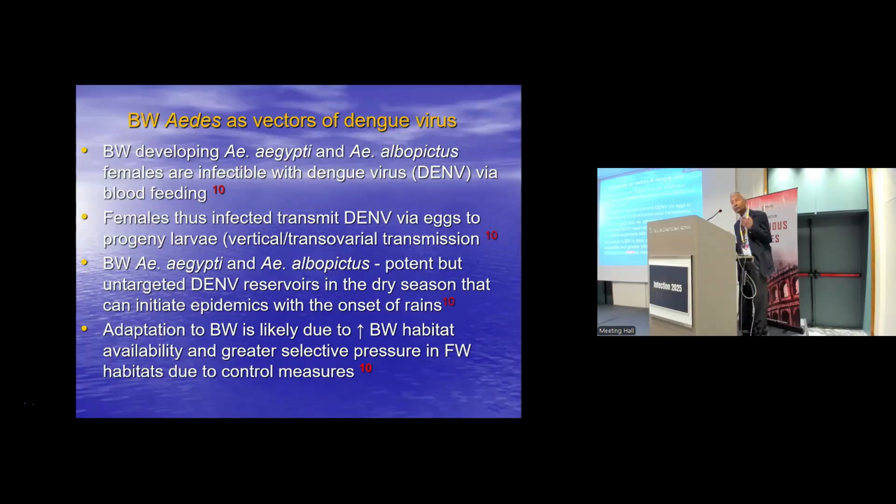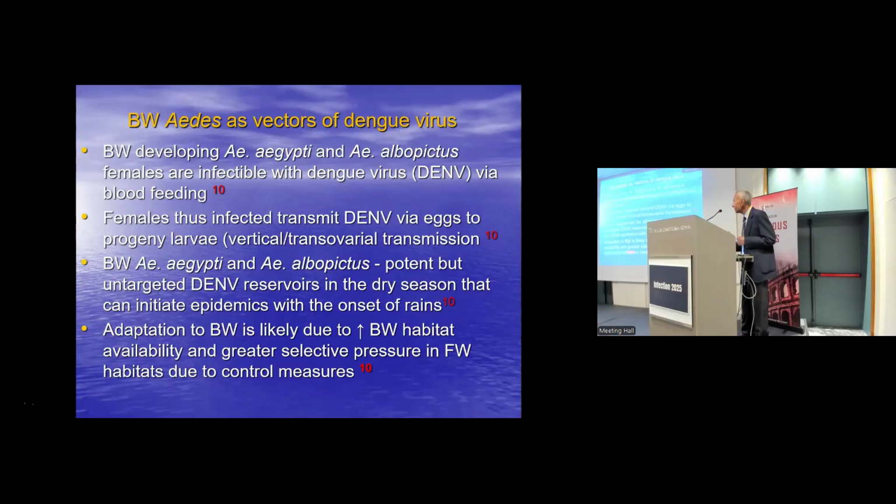If these brackish water habitats are not targeted in vector control, like spraying larvicides, they are a potent dengue reservoir, present during the dry season, and during the rains, when you have peak dengue, they are able to initiate epidemics or large-scale transmission of dengue.